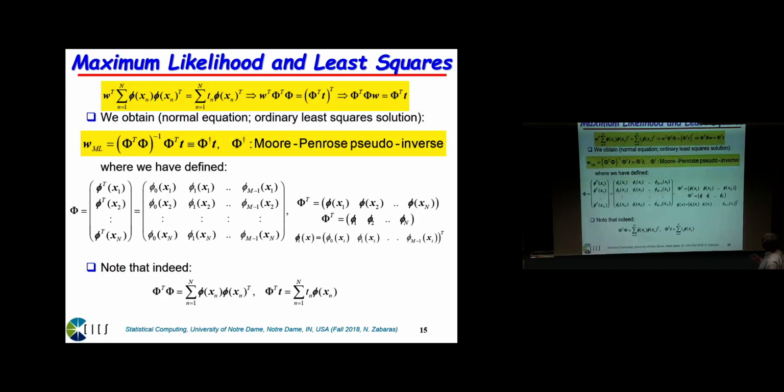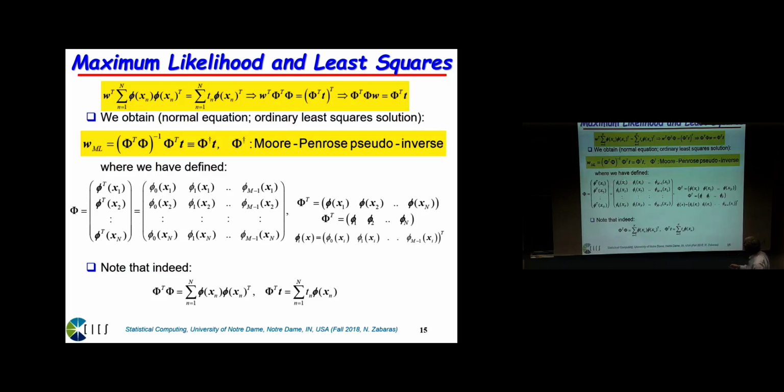I'm going to give you these least squares equations in a very compact form. If you solve for the MLE parameters W by maximizing the likelihood, you basically get these standard, nice looking least squares equations. You may have seen this before. Sometimes in my notes I use capital X for this capital phi, but here I follow Bishop's notation, capital phi.